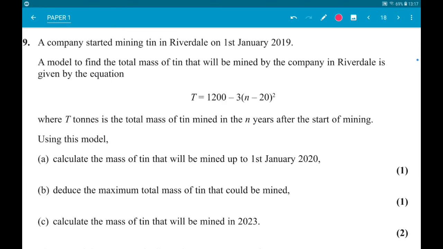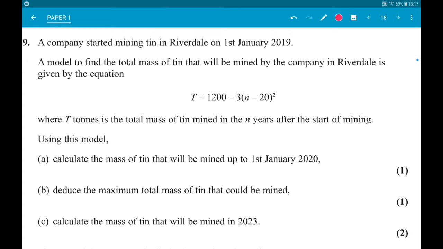B. Deduce the maximum total mass of tin that could be mined. Okay, so the model is quadratic in completed square form. Whatever's inside the bracket, when we square it, is positive.